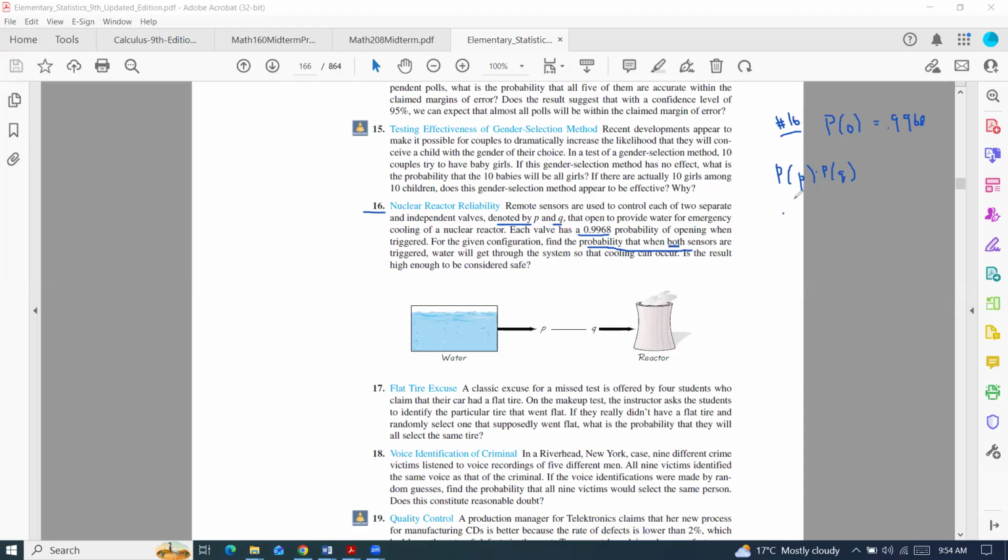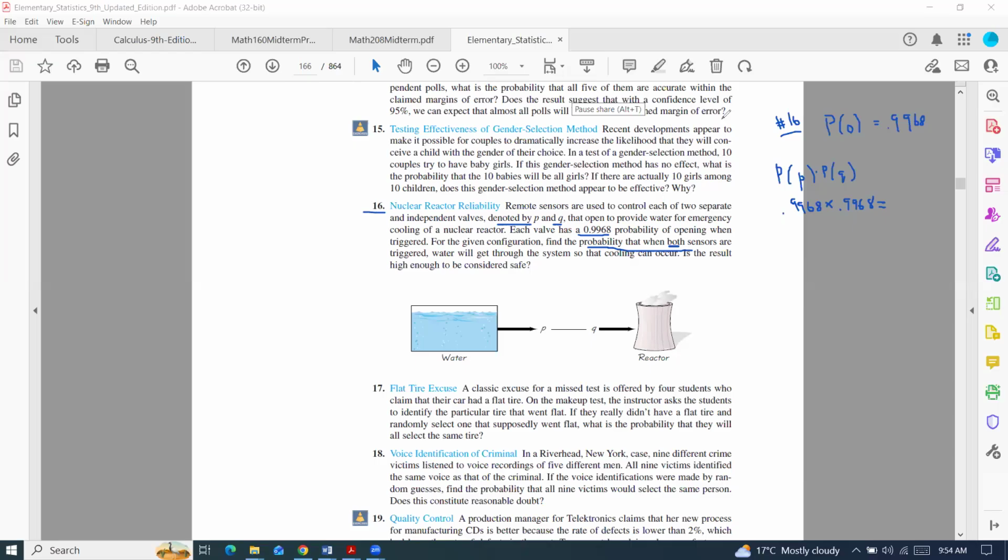So it's 0.9968 times another 0.9968. So "and" means times, and that's what I have here. So we multiply them together. Well, what I need is to just multiply, and that's the idea, and that's what we learn in this section.